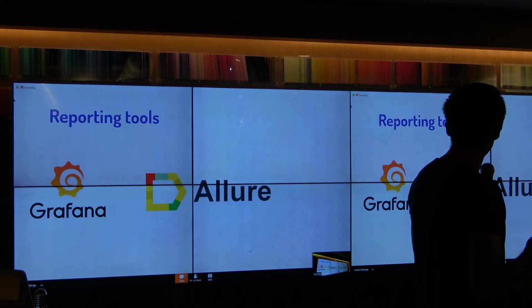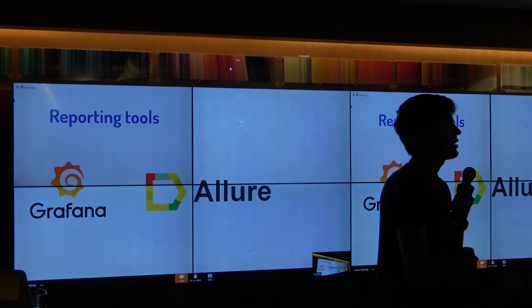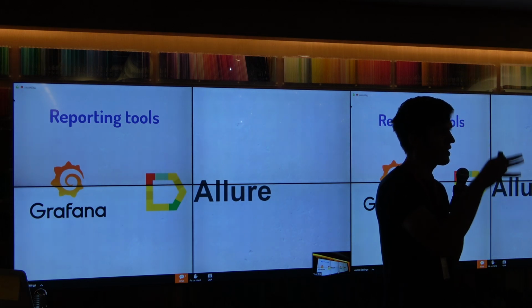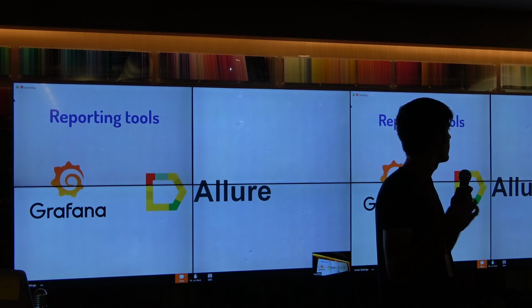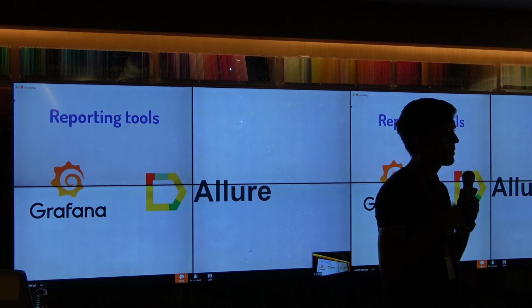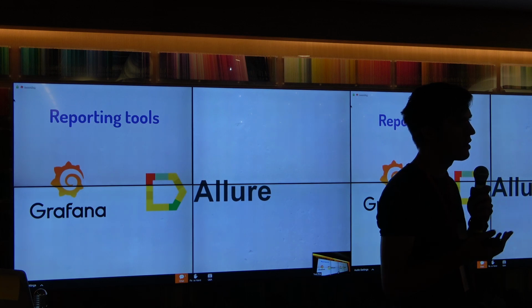All right, so reporting tools. It comes to the product side, the product manager side. They want to see the report, right? They want to see how much coverage you have, how many tests are passing, how many tests are failing, and for this purpose you can use tools like Grafana or Allure.